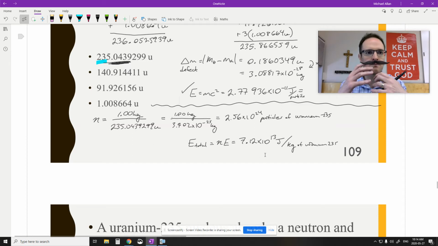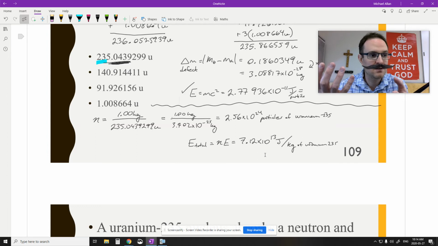And when you think about Chem 20 and Chem 30, when you talk about thermochemistry, a kilogram of propane is only like 1,000 kilojoules or so. So not even close to this number. Uranium is way more efficient per kilogram than regular hydrocarbon combustion. Okay, remember that. Could be asked as a test question.